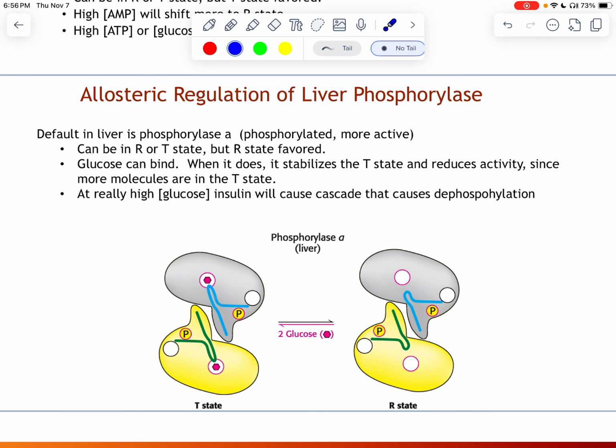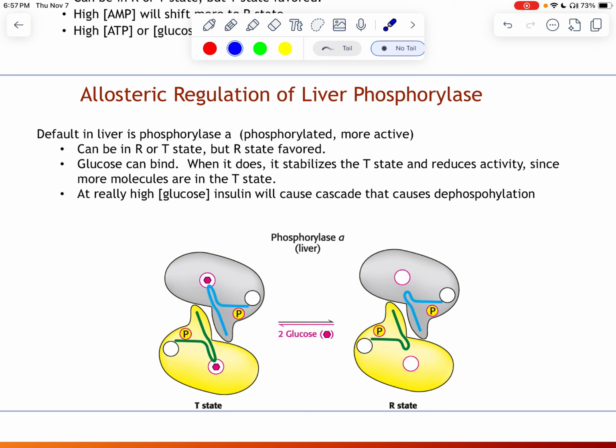We're going to start with the liver. Think about the function of your liver, right? It is so important to organisms to have this kind of consistent level of glucose. And the liver is charged with keeping your blood glucose levels constant. So the liver needs to be able to easily make glucose, all right?